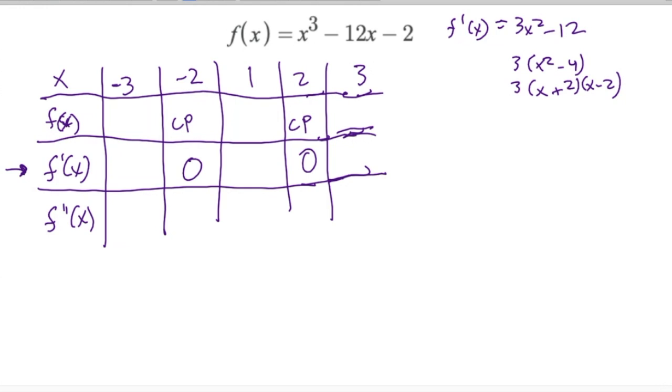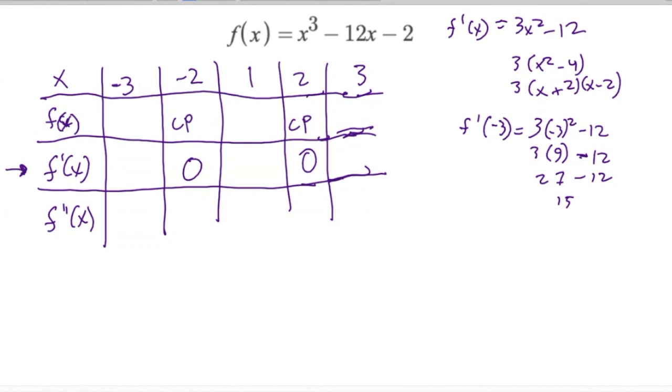But let's put in -3 for the derivative. So we get 3 times -3 squared minus 12. So it'll be 9 times 3, minus 12. That's 27 minus 12, which is 15.